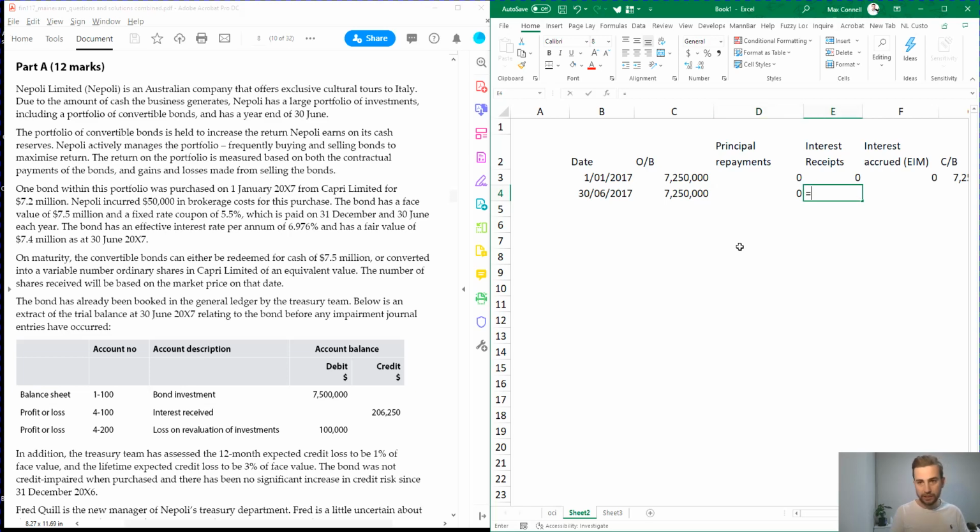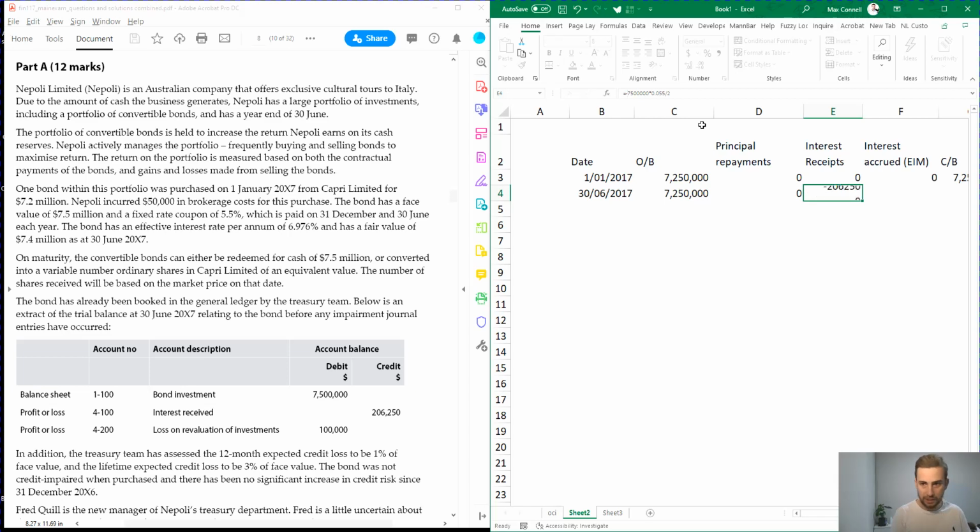So it's calculated as the face value, which is 7.5 million, times 0.055. But we also need to apportion it for time because we've only held it for half a year. So we're going to divide by 2.